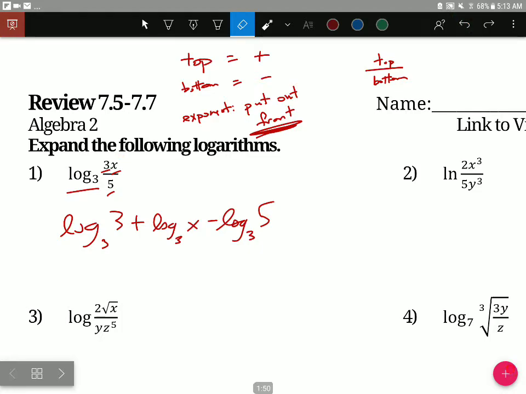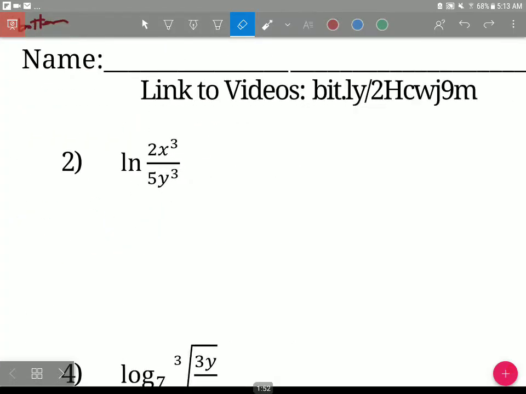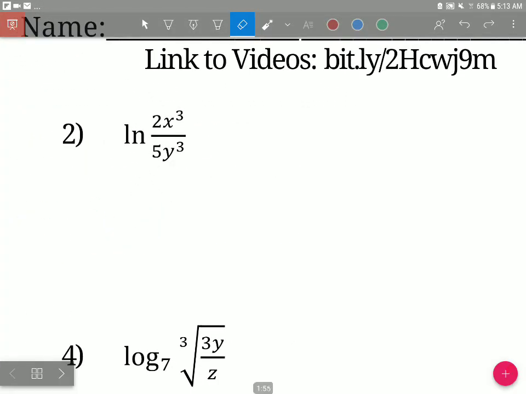So there's that. Number 2, same idea. Now, this has 4 items on it. It's got a 2 and an x on top, and it's got a 5 and a y on bottom. And the log is an ln. So we have, let's use the brown for the top. So I have ln of 2, positive because it's on top.